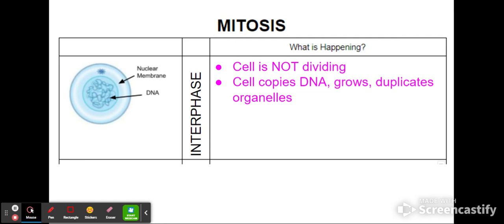Remember like ribosome, Golgi body, endoplasmic reticulum? It's got to copy all those because if we want to split our cell in half, we want to have each half of that cell, each new cell have enough organelles. The nucleus, all that stuff has to get copied. So basically what the cell's doing here is it's getting ready to divide. It's not dividing, but it's getting ready.